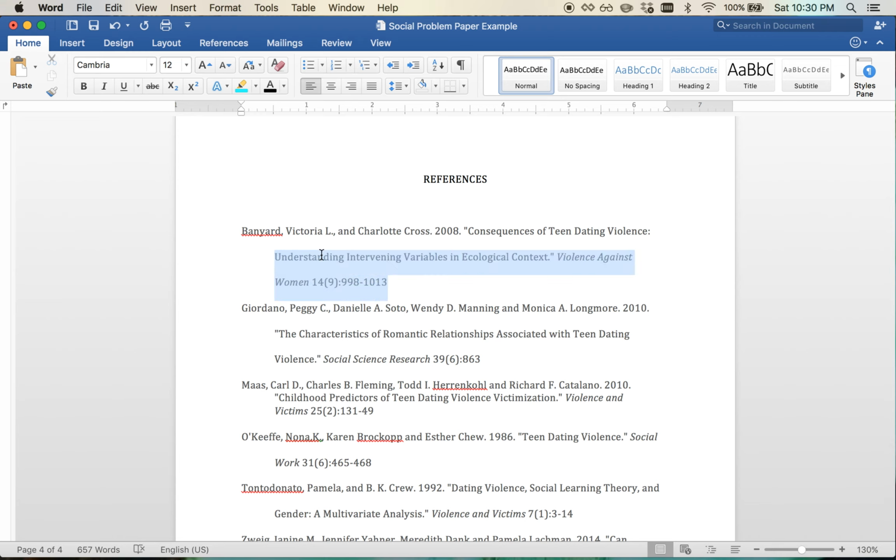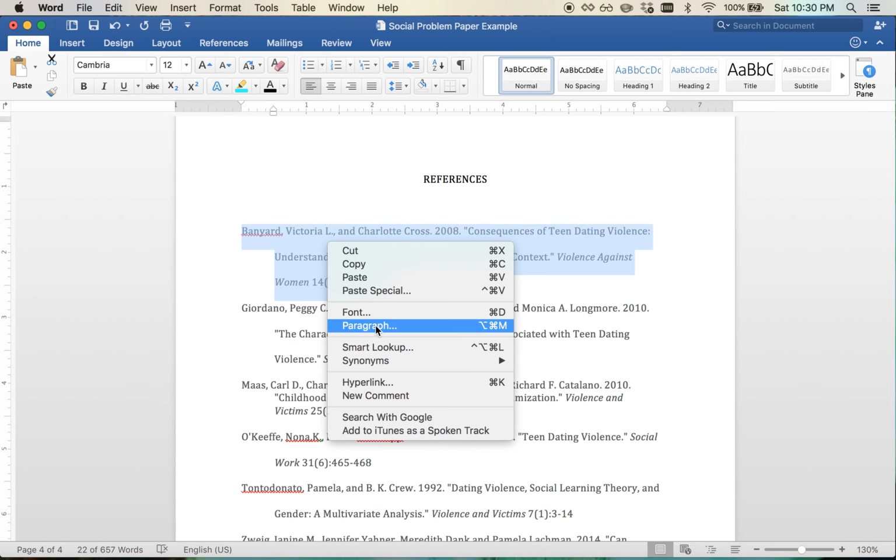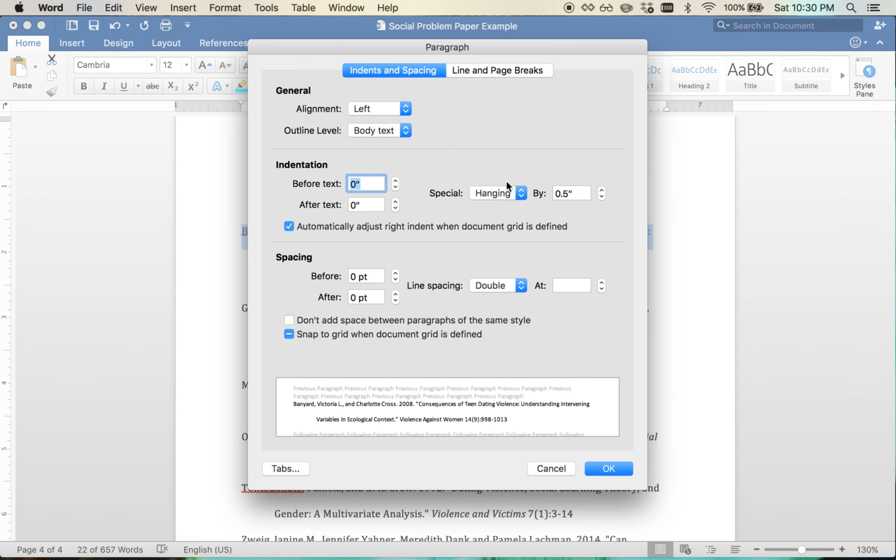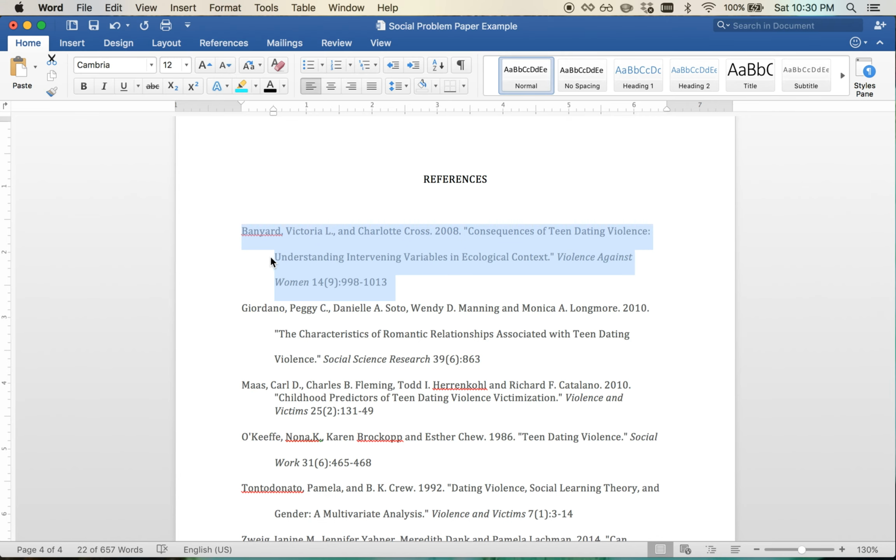So to do that, you want to select the text, go to paragraph, and here under indentation you see special, and you can select none, first line, or hanging. And you want to select hanging indentation. All this does is it leaves this first line sticking out and everything else indented under it.